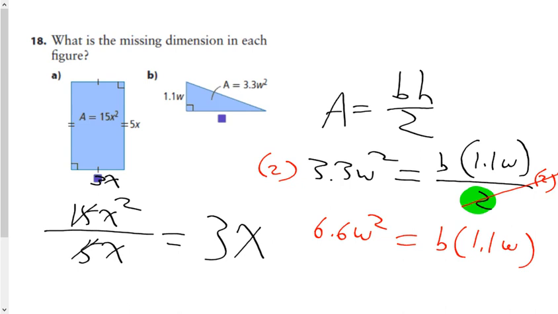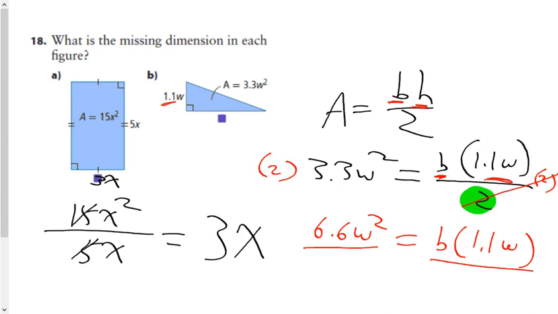I took my formula. My base, I didn't know, so I left it as b. My height, my h, I knew to be 1.1 w divided by 2, and I knew my area. So my area was substituted in for 3.3 w squared, and everything else was substituted in. Now, remember, my goal is to isolate for b, because I want to know what b is. So what am I going to do to both sides now? I want to divide both sides because I want to isolate for b by what number?